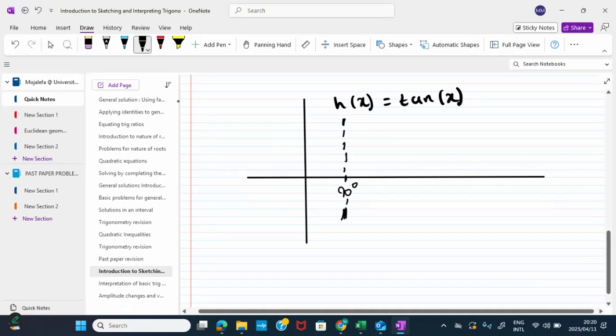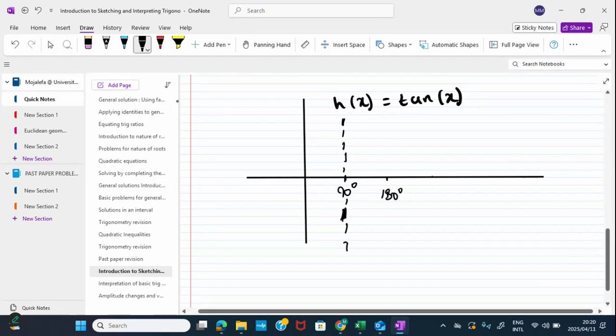You guys remember that asymptote. And you have another one at 270. So you're going to have 180, then 270, and then 360.